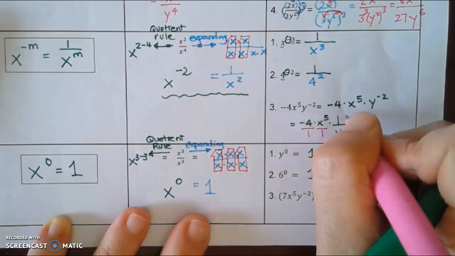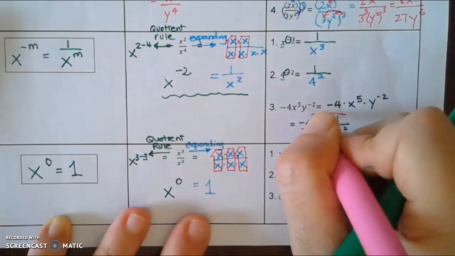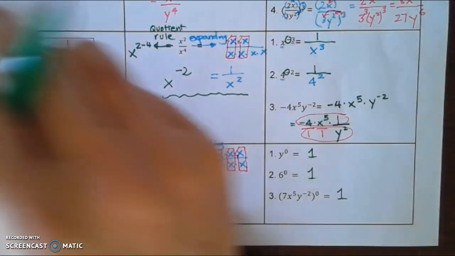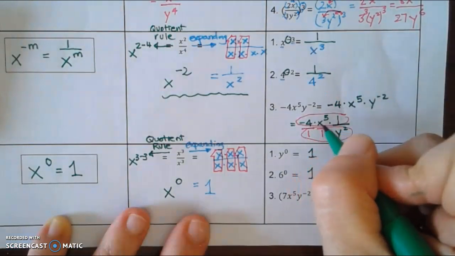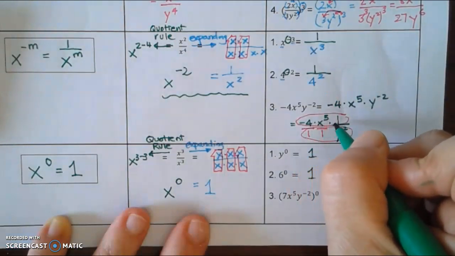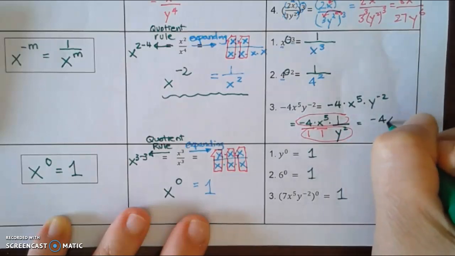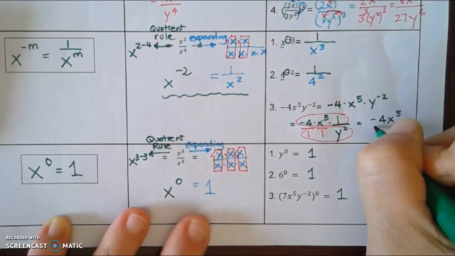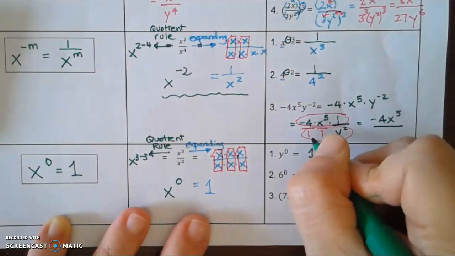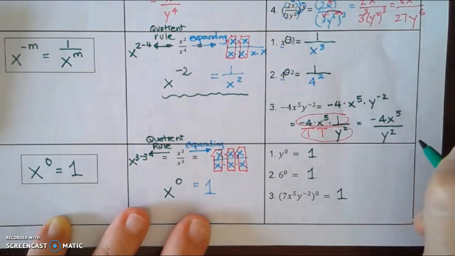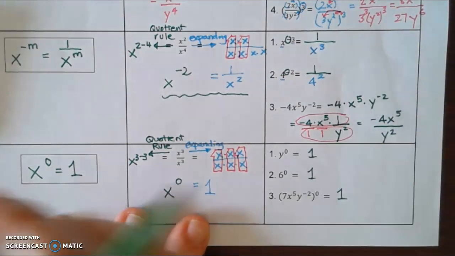When you're multiplying fractions, you always multiply across like so, and then multiply across like so. So that becomes -4 times x to the power of 5 times 1, which is the same as -4 x to the power of 5, divided by, the denominator becomes 1 times 1 times y squared, which is just y squared. And that's your final answer.